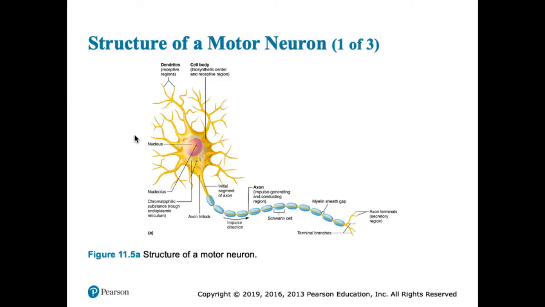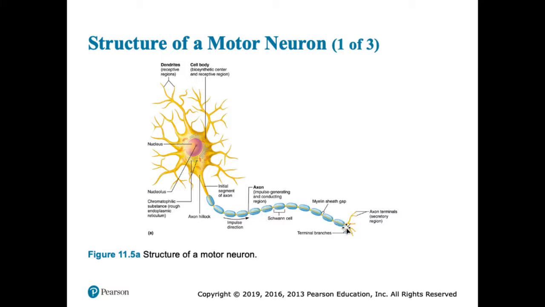So this is that structure of that motor neuron. So you have the cell body, of course, lots of little dendrites. Those are the receptive regions. The nucleus, of course, is found in the cell body. And then, of course, all those little parts of the cell we talked about, like mitochondria, endoplasmic reticulum, Golgi apparatus, all found in that cell body. And then you have an axon, and axons are covered in these little Schwann cells that make that myelin sheath.